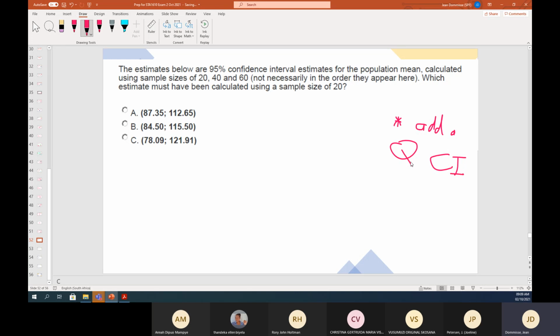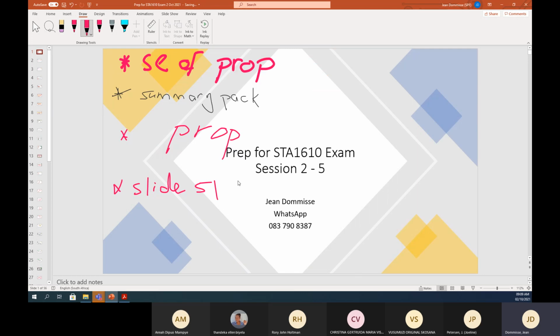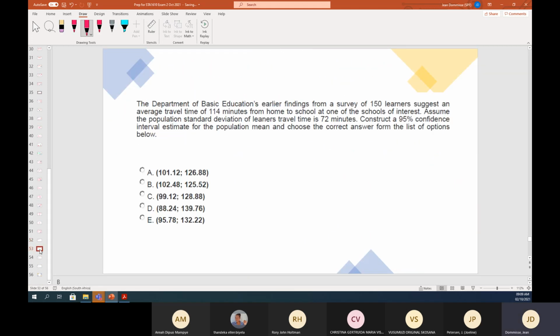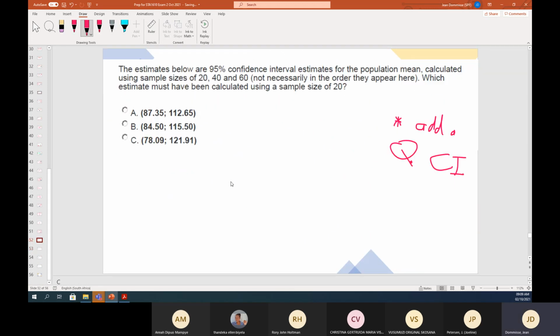Don't worry, I'll explain what I mean with this. So let's first do this one, and then I'll try to explain what I meant by what I need to add as a question.